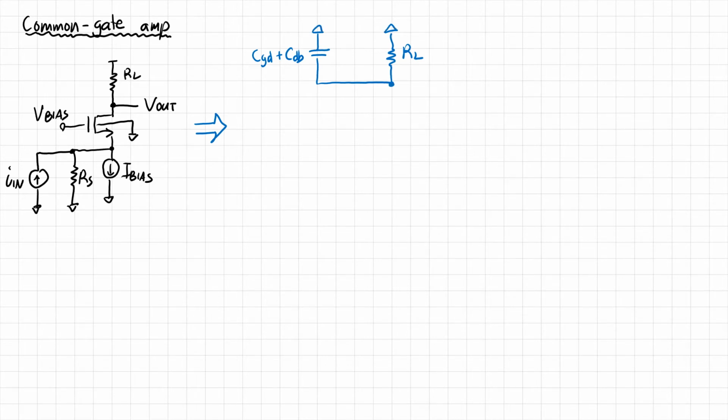Then we have our dependent current source, and in this case the gate voltage is DC. So gm VGS is really just minus gm times VS. Likewise, gmb VBS is similar because VB is also grounded. So this ends up being minus gm plus gmb times VS, specifically because the gate voltage and the bulk voltage are both grounded in this example.